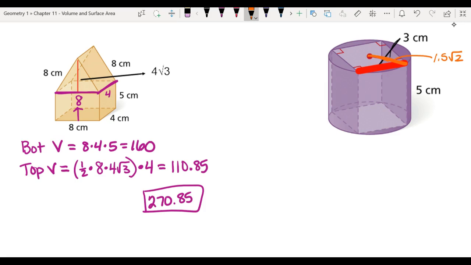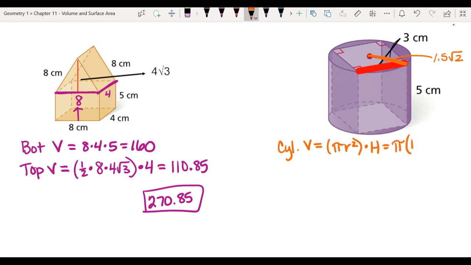Okay. So let's do the cylinder bottom first. So I'm going to call it cylinder volume. Okay. The base of a cylinder is a circle. So the area formula for that is pi r squared. And then remember, we're multiplying by the height of our cylinder. The radius is that 1.5 square root of 2.